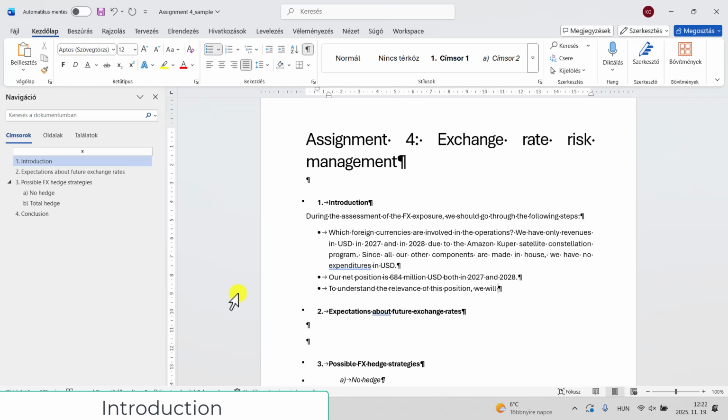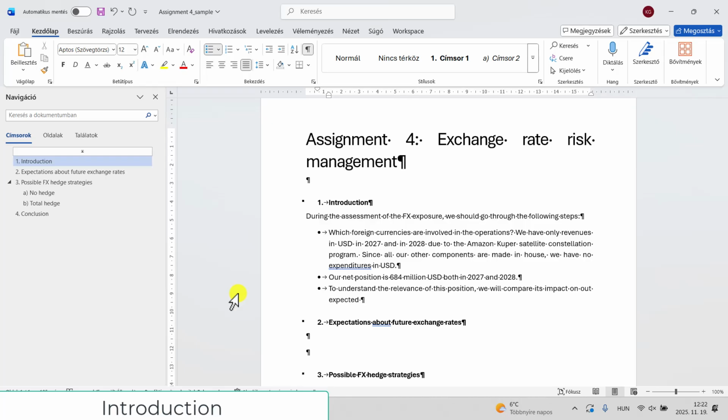we will compare its impact on our expected corporate value and probability of default under no hedge and total hedge strategy.